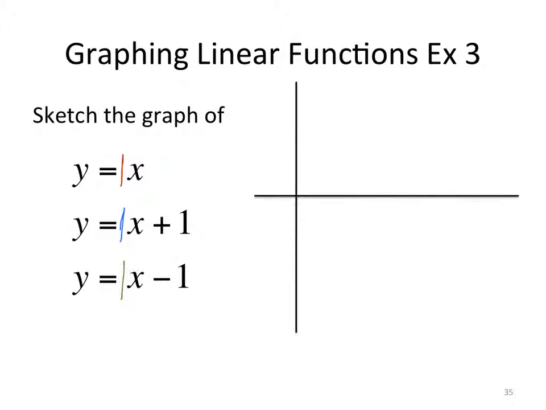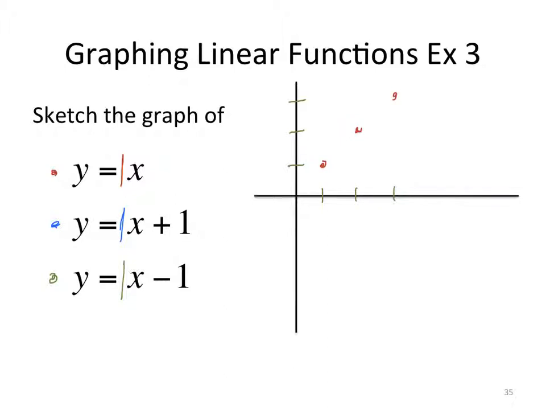So let's do this one in red, this one in blue, and this one in green. So I'm going to draw a few notches right here just to kind of get our bearings. All right, 1, 2, 3, 1, 2, 3. And that first red one, I'm going to do y equals x. That's easy. Over 1, up 1, over 1, up 1, over 1, up 1.